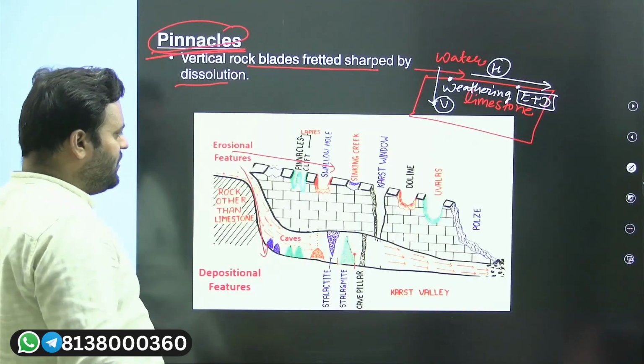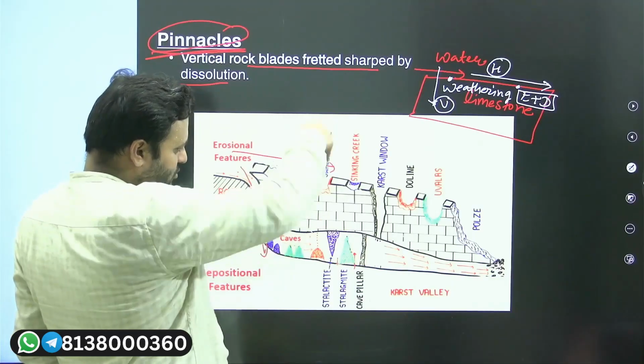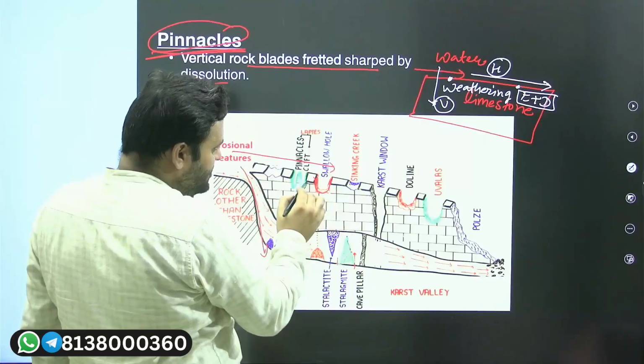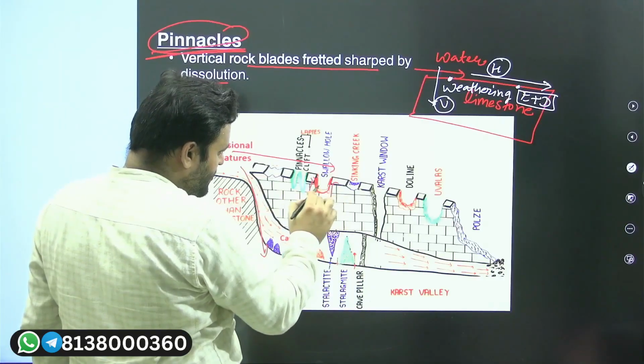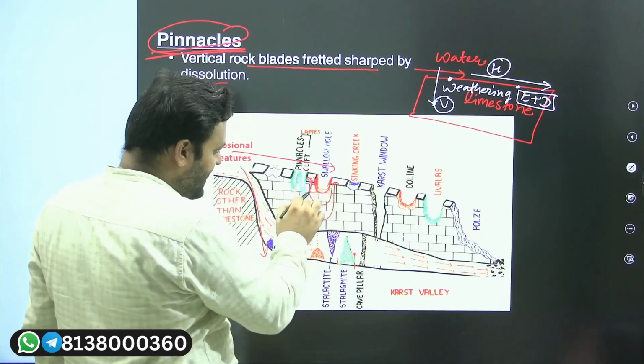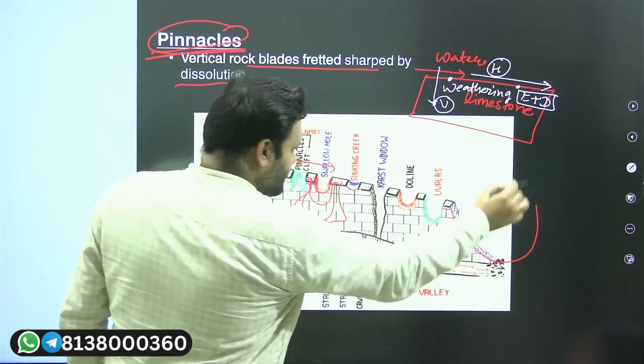Whenever we have running water, there will be a formation of shallow holes. There might be a formation of dolines, then uvalas, and ultimately poljes. You can see the formation of poljes like this.